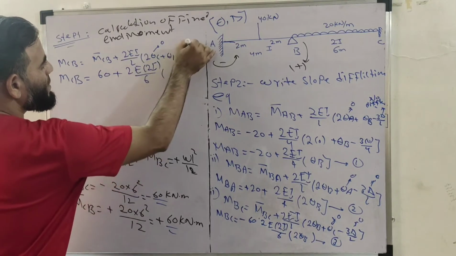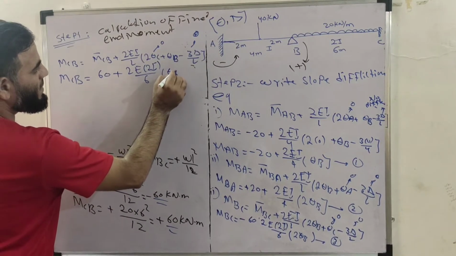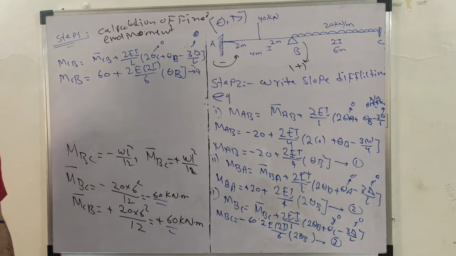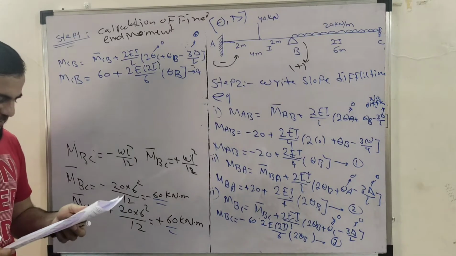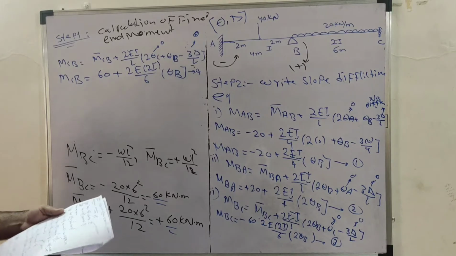Theta C is 0, this is also 0. Now theta B. This is equation number 4. These 4 equations we have. According to these four equations, we will calculate the final moment.